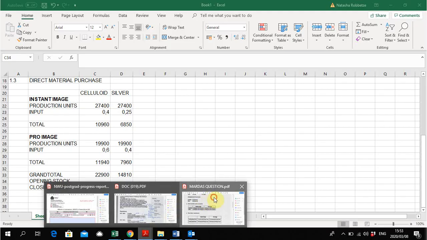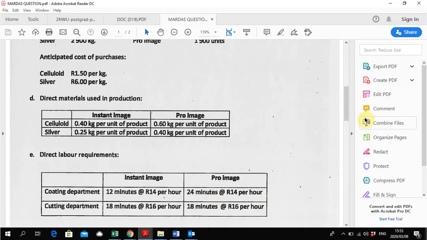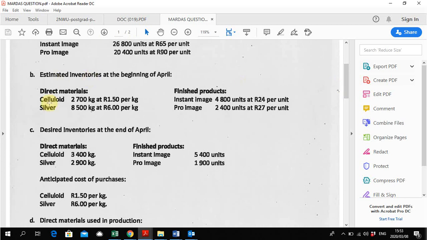If I go back to the question, you will find that for the celluloid at the beginning of April, we had 2,700 kilograms, and of the silver, 8,500. Then the desired closing inventories was 3,400 and 2,900.